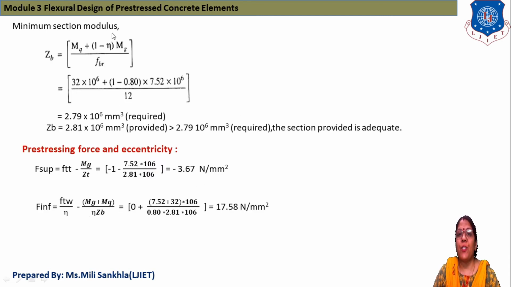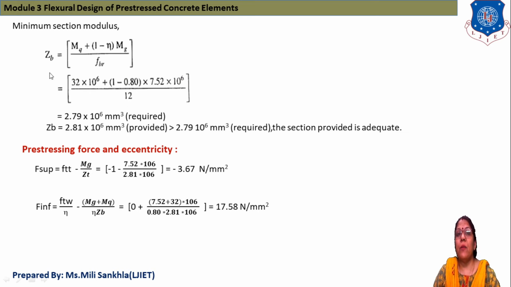Now minimum section modulus Zb is equal to Mq plus (1 minus eta) Mg divided by fbr. Mq, that means moment due to live load, 32 into 10 raised to 6, 1 minus 0.8, then 7.52 into 10 raised to 6, divided by fbr, bearing stress, is 12.